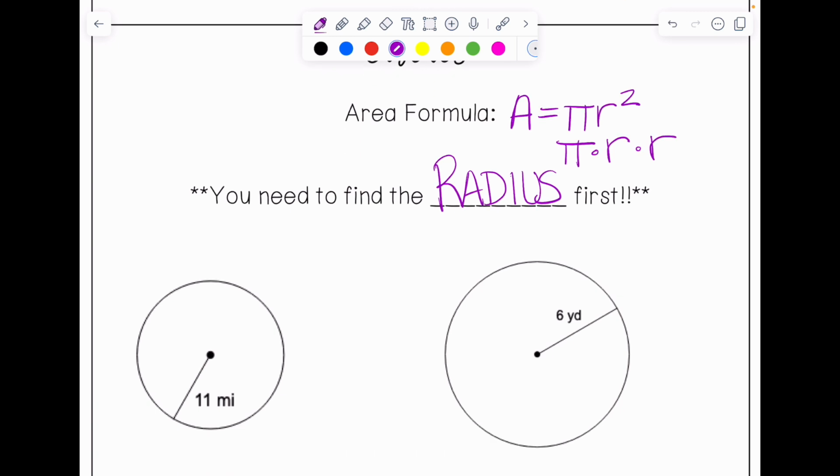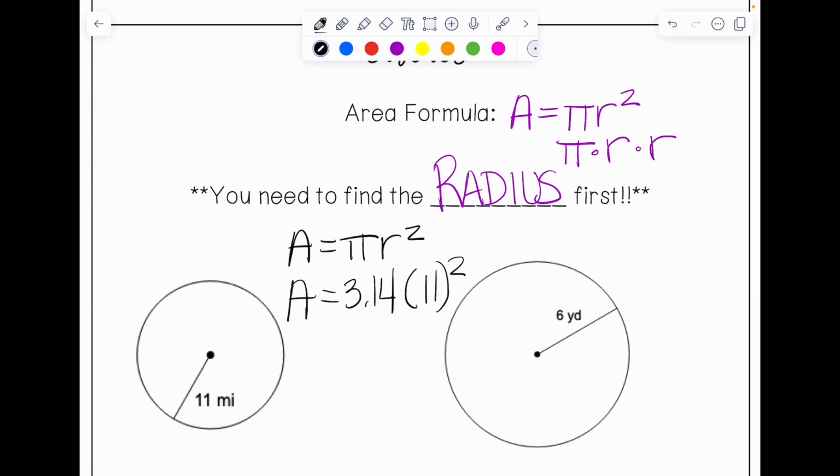Here I have some circles. When I look at this first circle on the left, I'm going to notice that I do have my radius. So we're going to write out our formula, and now I can plug in my information. I'm looking for my area. I'm going to use 3.14 for pi, and I'm going to be taking 11 squared.